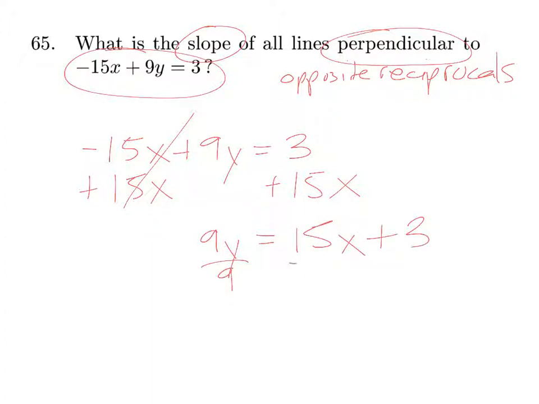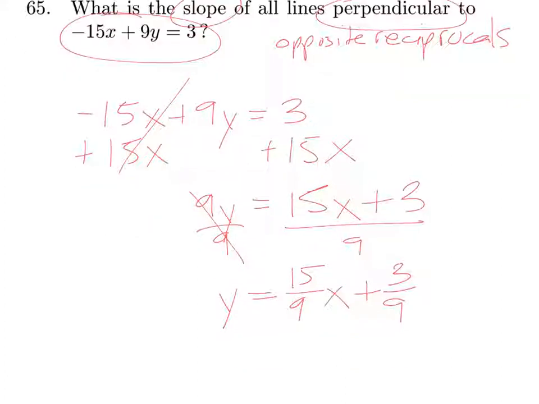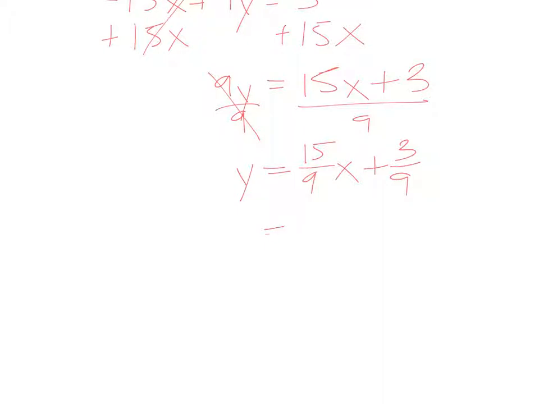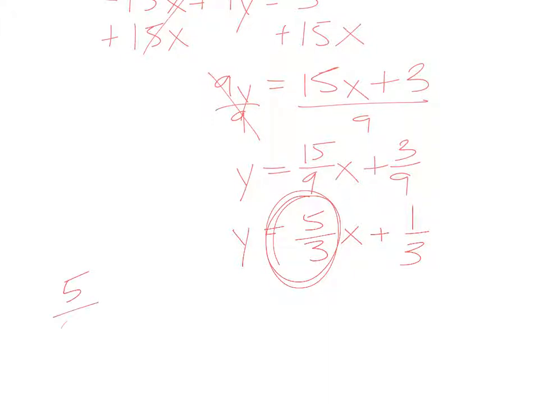I'll divide by 9. And y is equal to 15 over 9x plus 3 over 9. Simplifying all of this, I get 5 over 3x plus 1/3. Okay, now I'm focusing in on the slope here, 5/3.